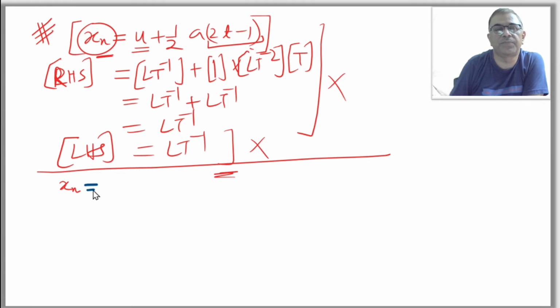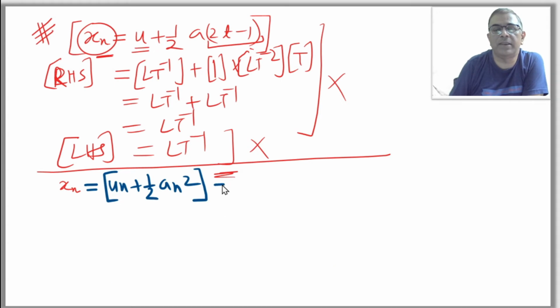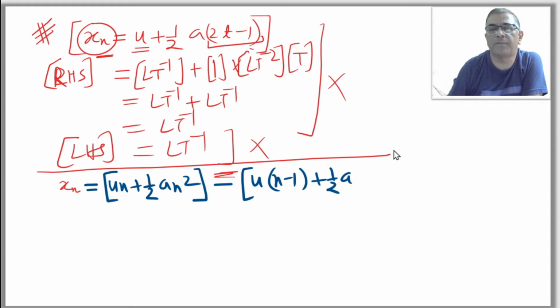This is equal to how much? This is equal to un plus half a n square. Is it okay? So what I have done is written this value, the distance covered in the nth second of the journey, and then minus u(n minus 1) plus half a (n minus 1) whole square.